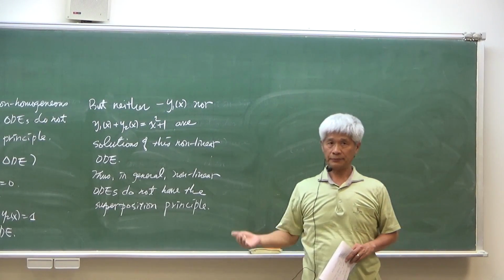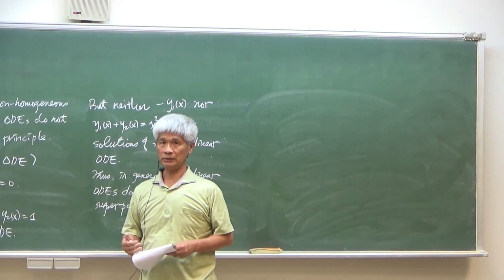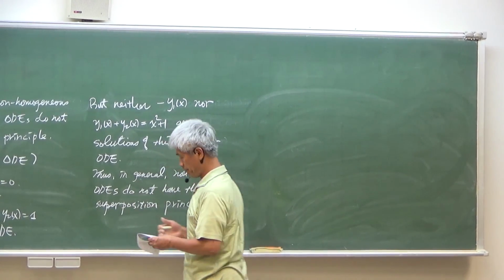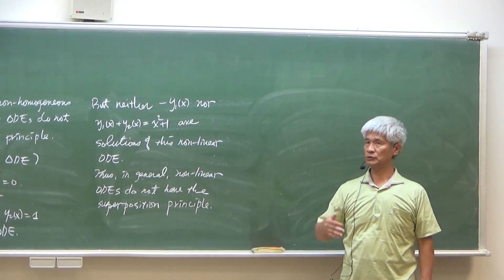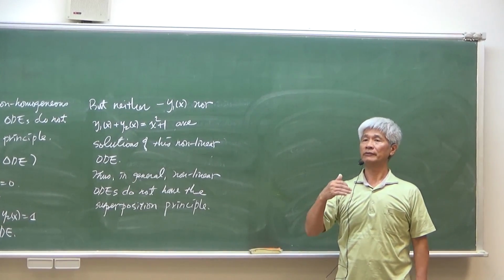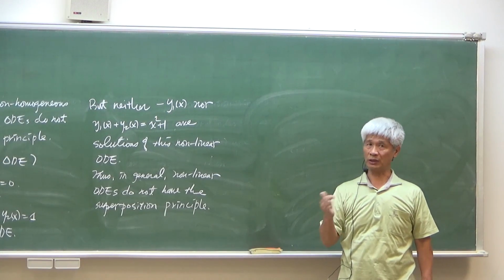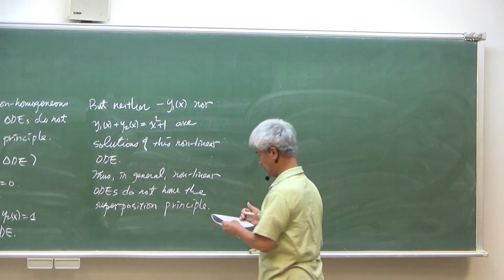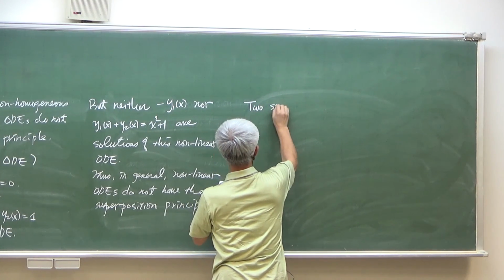Now, from our example, for homogeneous linear second order ODE, we quite often want to find two solutions which are linearly independent, in the following sense. So we say two solutions.